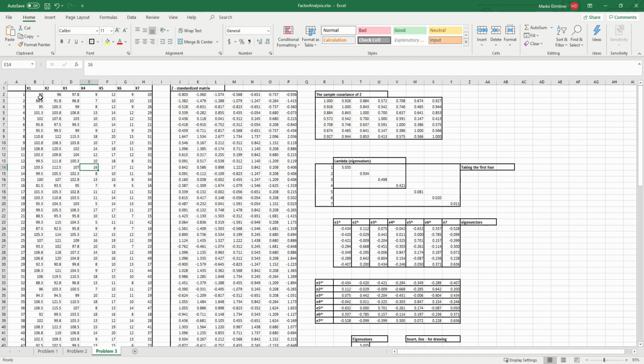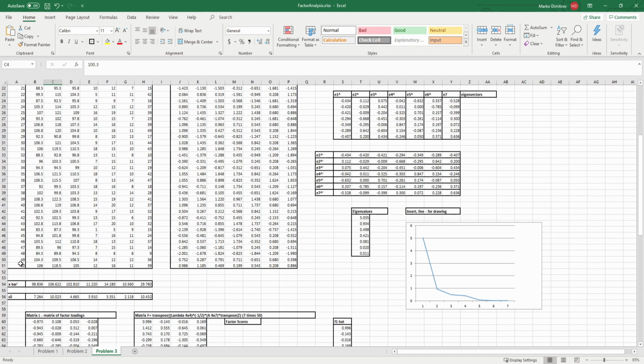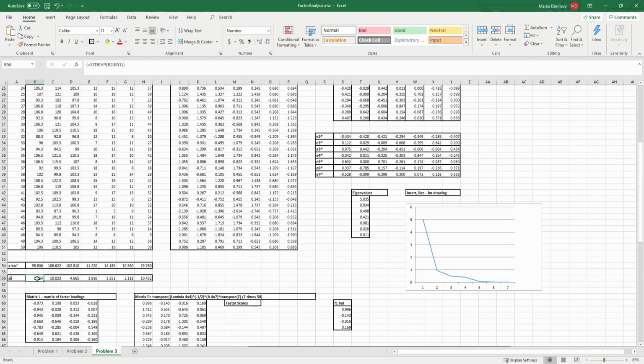For that we need the mean of each variable, and we need standard deviations, right? But usually when we standardize, instead of dividing by n minus 1, so unbiased, we will divide by n. What I mean is that here we don't use s, but we use p instead.